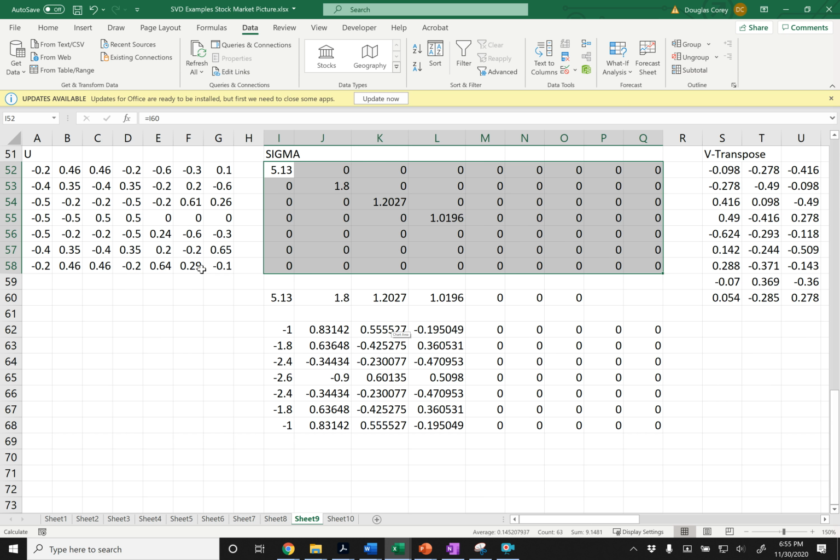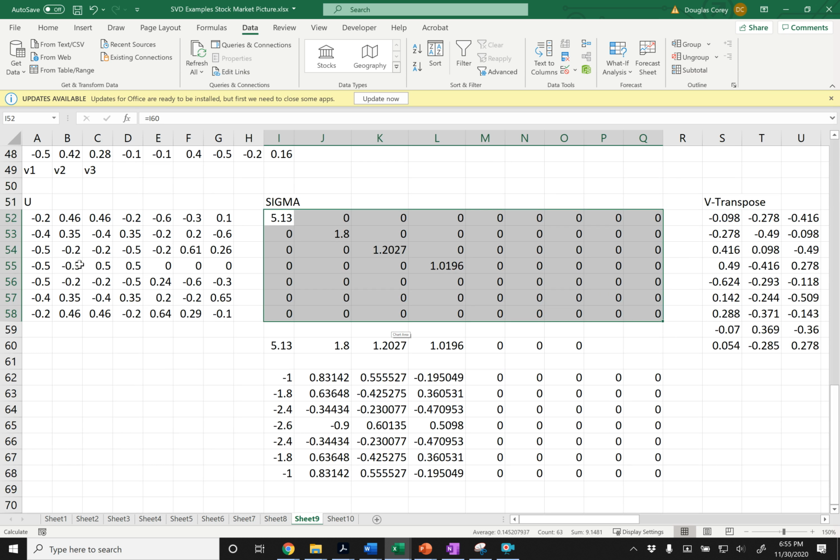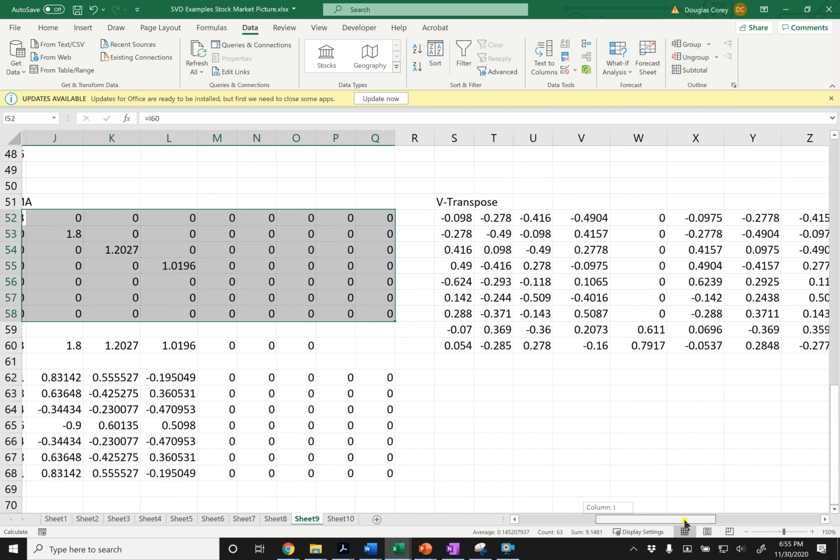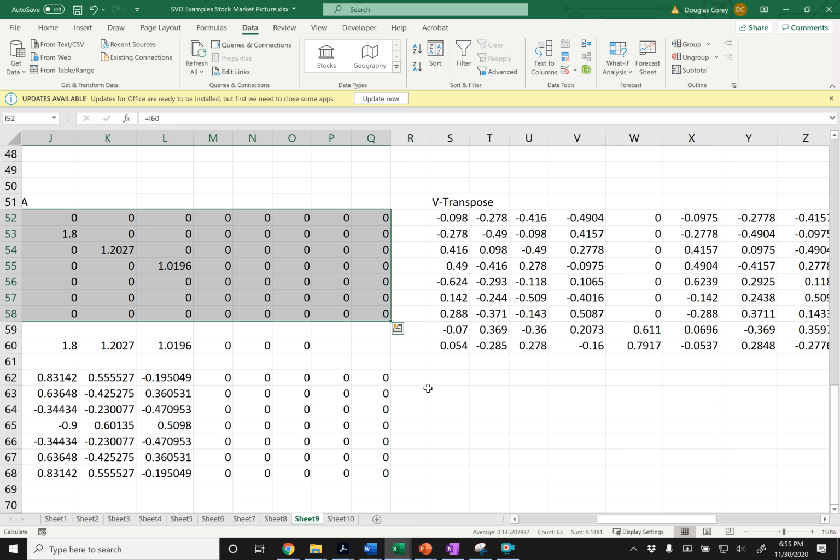So this was 7 by 7. This is 7 by 9. Sigma is 7 by 9. And V is 9 by 9. So if I multiply a 7 by 7 times a 7 by 9, I'm going to get a 7 by 9. And if I multiply a 7 by 9 times a 9 by 9, I'm going to get a 7 by 9. So the size works out, luckily.